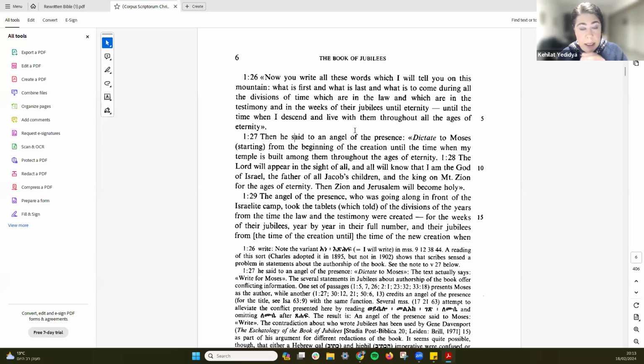Okay, so God says to the angel of the presence, to Malach HaPanim, it's a translation of Malach HaPanim, tell Moshe, this is what's going to happen. This is the whole history of the world from the creation. In other words, from the beginning of Breshit, the beginning of Genesis, up until the temple is built.